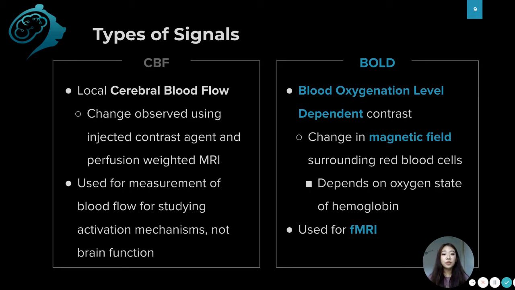The signal that we're interested in with fMRI is the BOLD signal, and this stands for blood oxygenation level dependent signal. This measures the change in the magnetic field surrounding red blood cells, and it depends on the oxygen state of hemoglobin, which we'll go into more later on. And this is used for functional MRI, which measures functional brain activity, and we'll be talking more about exactly how it does this.